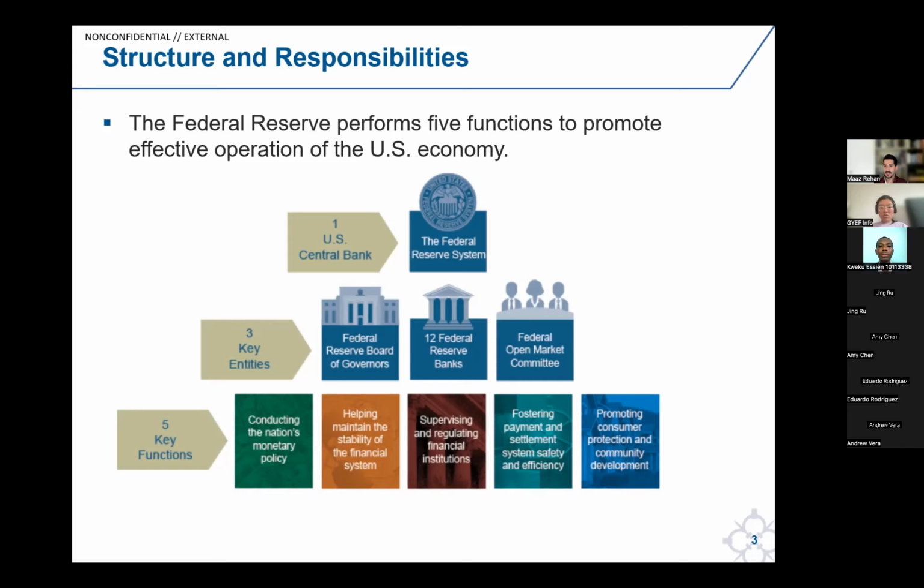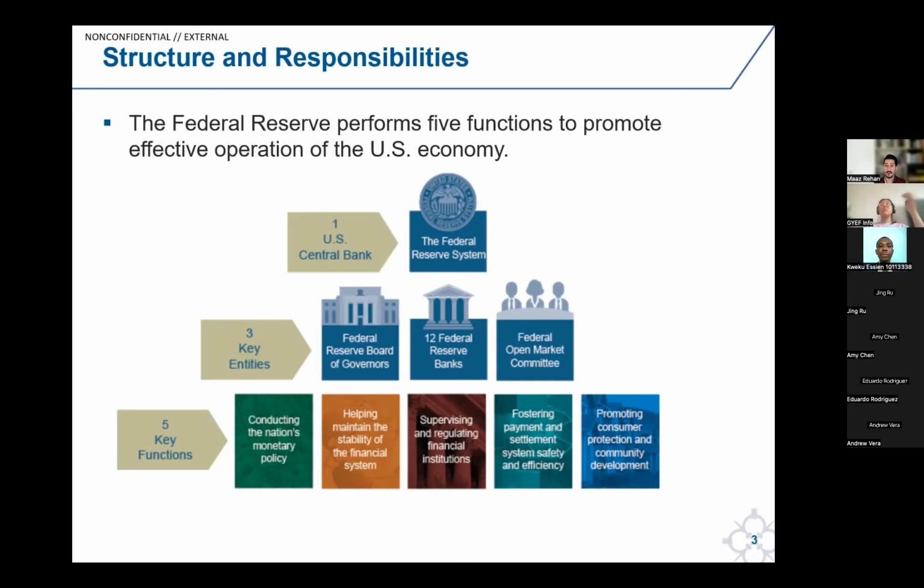Thank you. Next, we're jumping into promoting financial system stability. The Fed monitors financial system risk and engages at home and abroad to help ensure the system supports a healthy economy for US households, communities, and businesses. Next, we have supervising and regulating financial institutions and their activities.